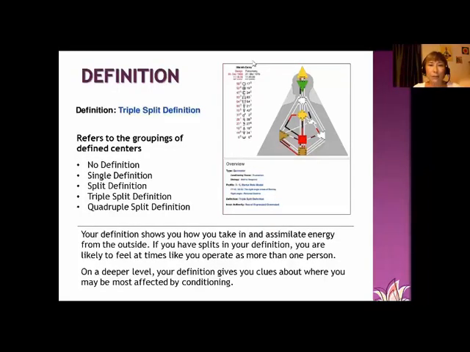So if your eyes are glazed over, just bear with me. I'm going to show you the triple split in Mariah Carey's chart. Let's use bright pink. Okay, so the reason that Mariah Carey is a triple split is because she has the head and ajna defined.